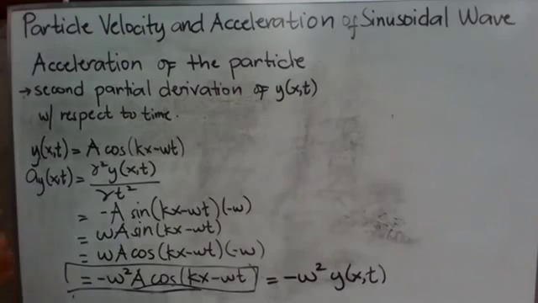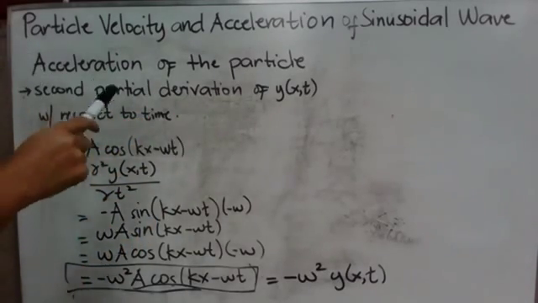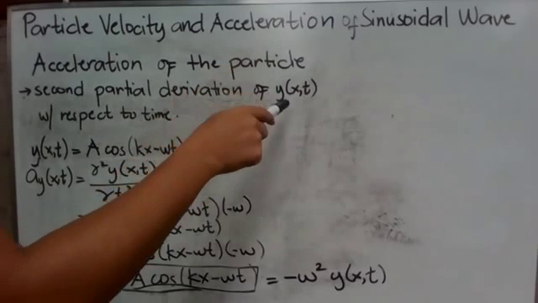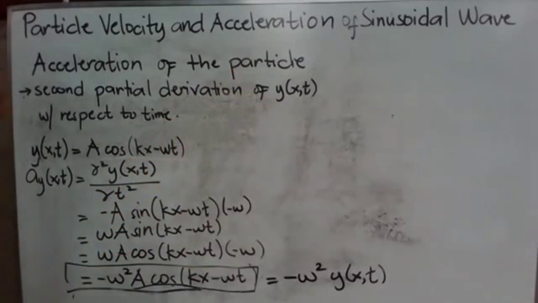In order to get the acceleration of the particle, we just get the second partial derivative of y as a function of x and t with respect to time.